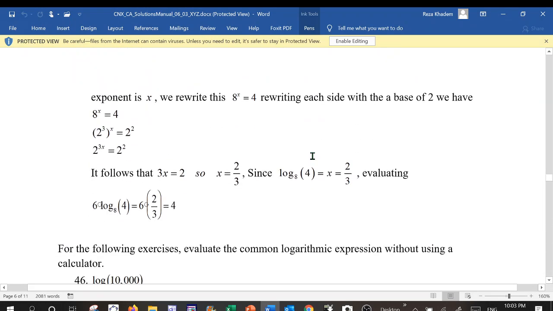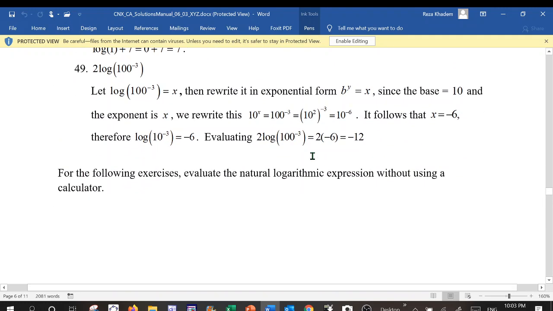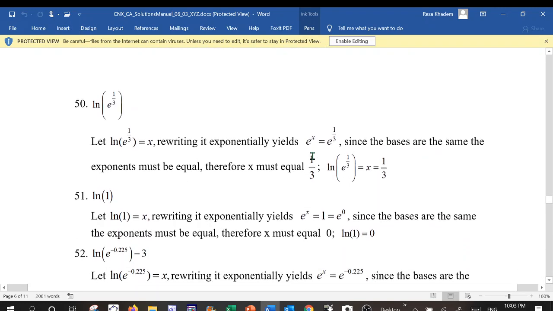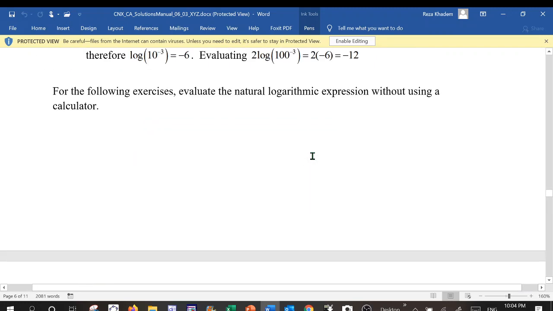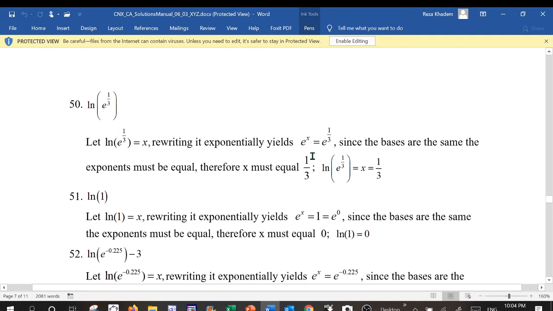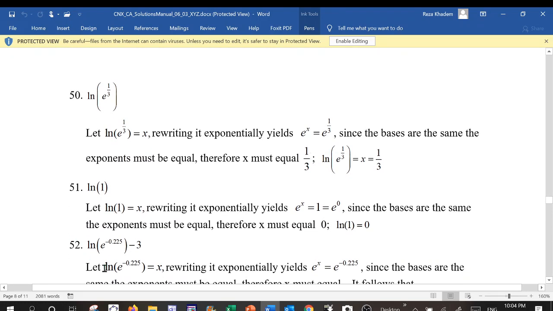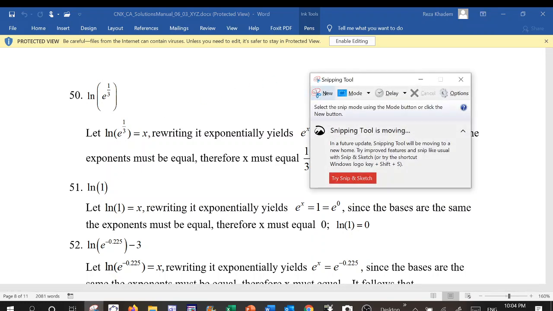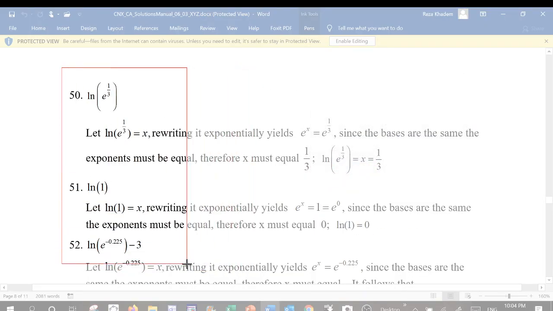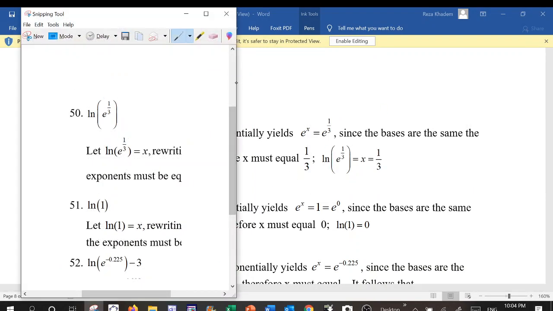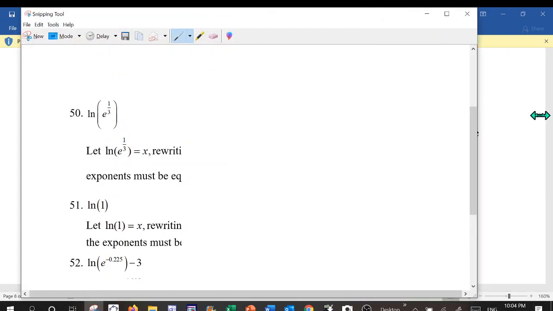Let's do a few more this section. It says here, for the following, evaluate the natural logarithm expression without using a calculator. Now, does this look like that structure, where you have the base and the argument is base to some power?